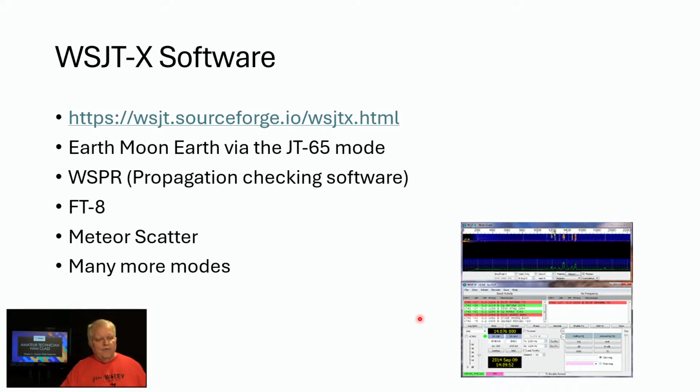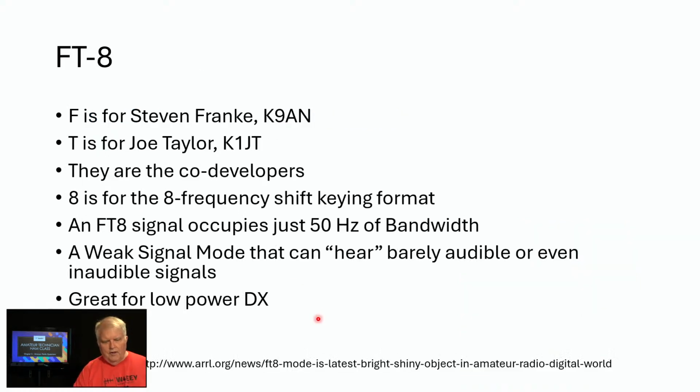And it first started out using the mode called JT65, which is part of this software, for meteor scatter communications. But there are all sorts of different modes available in this software. FT8, though, is by far the most popular of them all. And here's some background information about the developers.